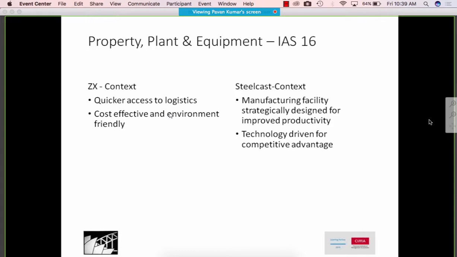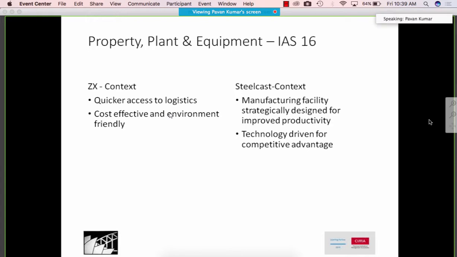And from the case study on page number 2, the last para, the third para says, in 1992, ZX invested in a new 7.1 million dollar purpose-built manufacturing plant on a new site close to Bartown within easy access to major motorway and rail networks. So quicker access to logistics.